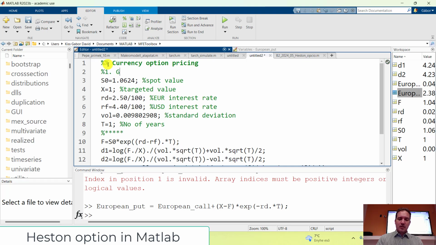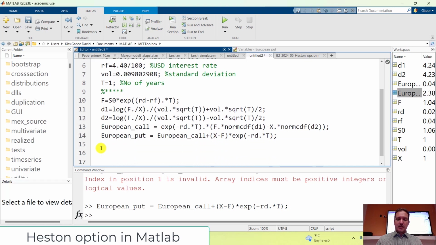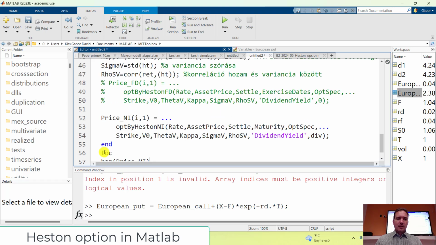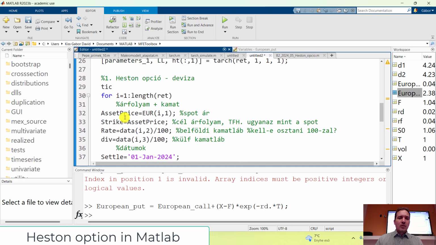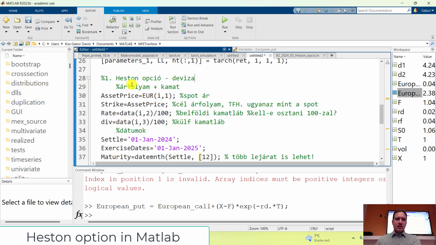First was the Garman-Kohlhagen model, and the next will be Heston. Luckily we don't have to run this.